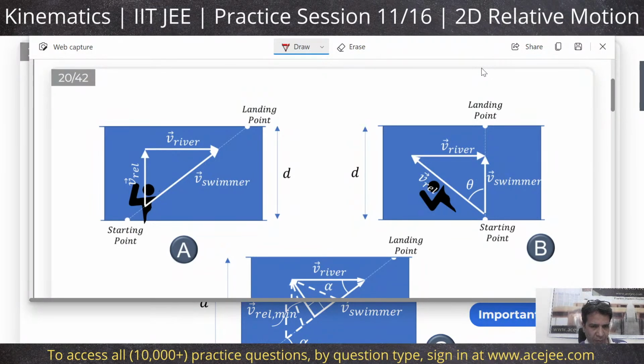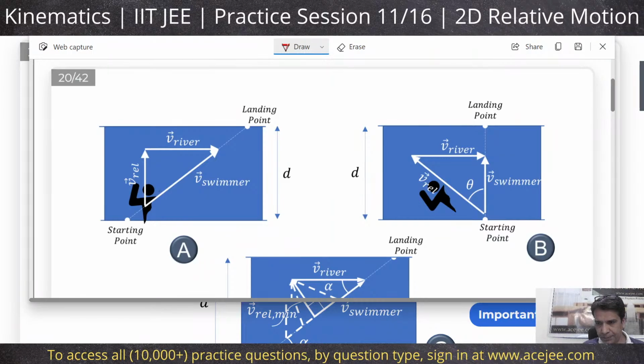So what do we have in the swimmer in river problem? Typically we are given the speed of the swimmer relative to the river. Why do they say relative to the river? Well, once the swimmer gets into the river, he will not even realize, unless he looks at the shores, that the river is actually moving. So he's going to swim relative to the water. Now, with respect to the ground, his velocity would be the velocity with respect to the river plus the velocity of the river.